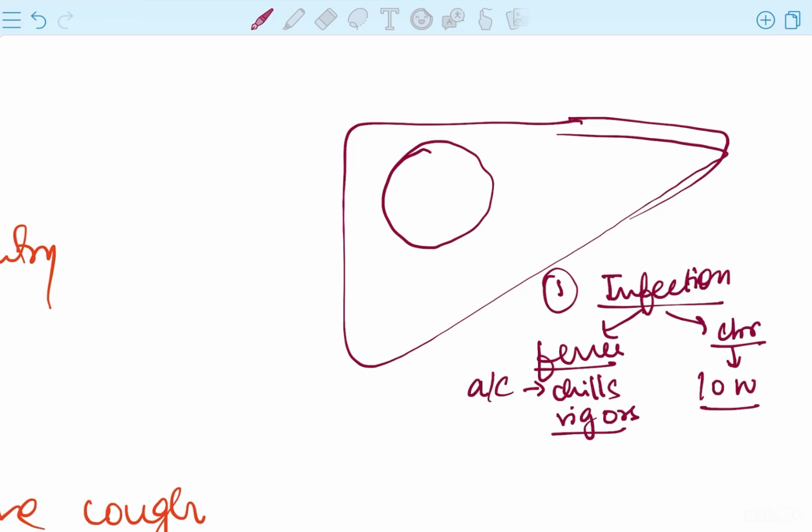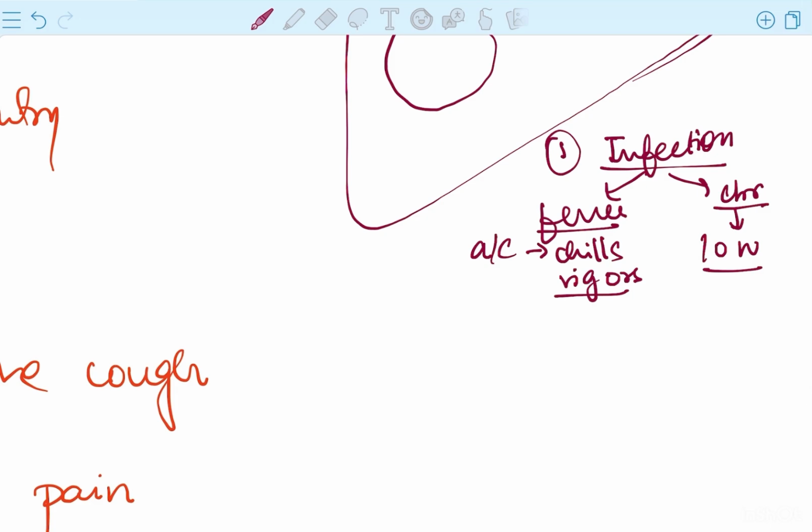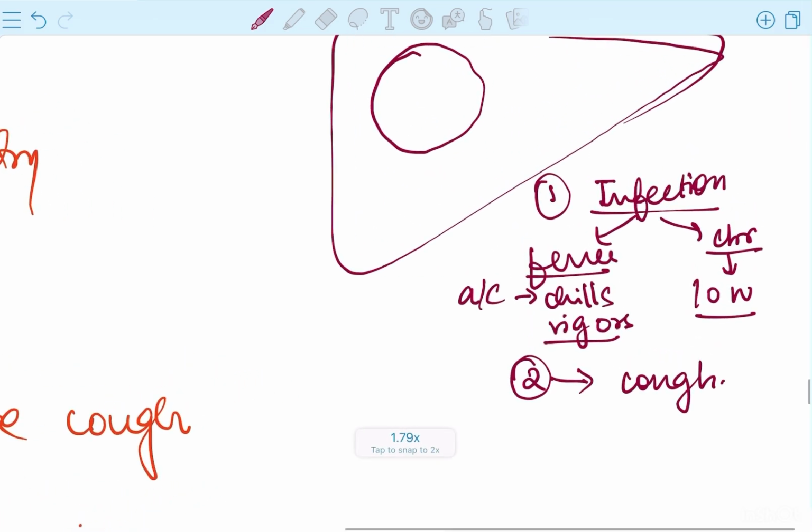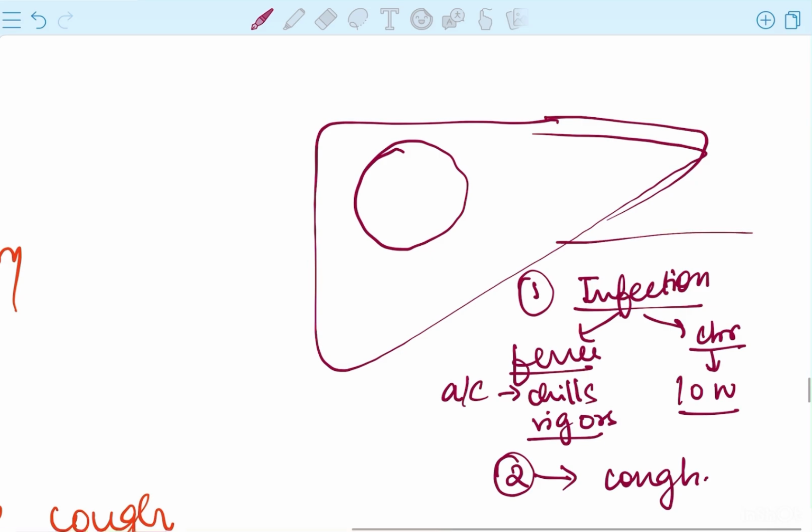Okay, and as we already saw, when it ruptures into the lung, there can be cough also. Other than that, these are the general manifestations that are caused due to infection. But let's see specifically: a liver abscess is present on the right side, that is the right hypochondriac region.